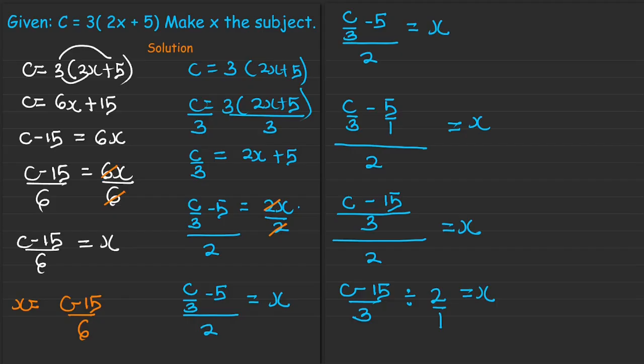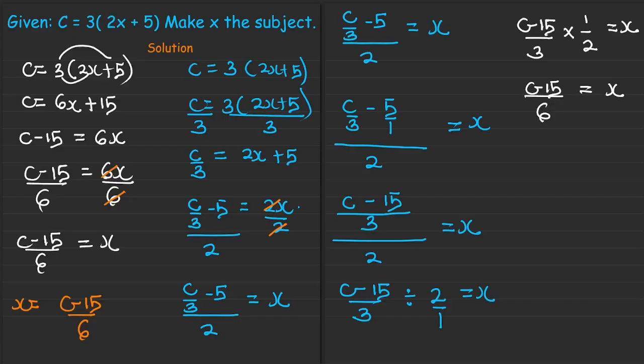So with that, we are going to get c minus 15 over 3, division becomes times, then 1 over 2 is equal to x. This has now become a multiplication problem. And we know numerator multiplies numerator, and denominator also multiplies denominator. So we have c minus 15 times 1, giving us c minus 15, then over 3 times 2. 3 times 2 gives us a 6, which is equal to x.